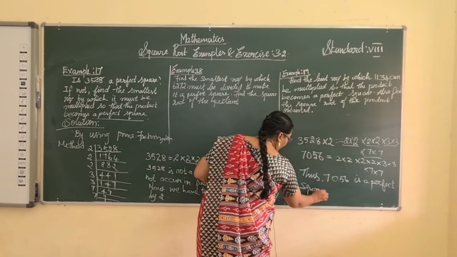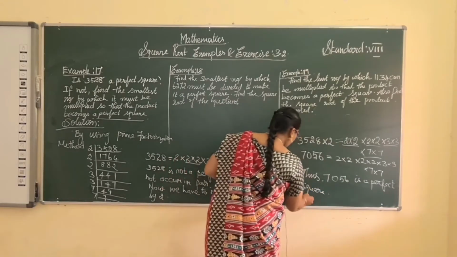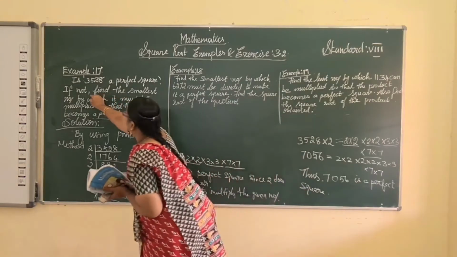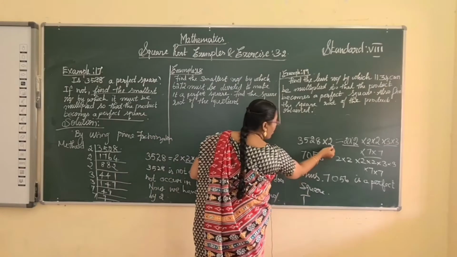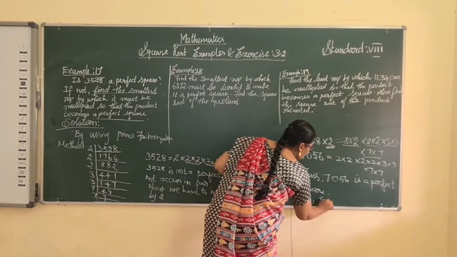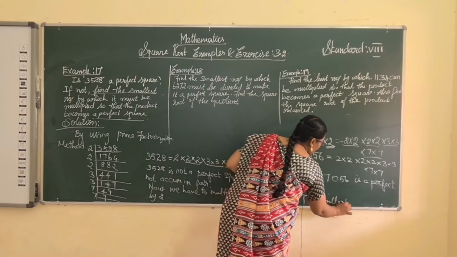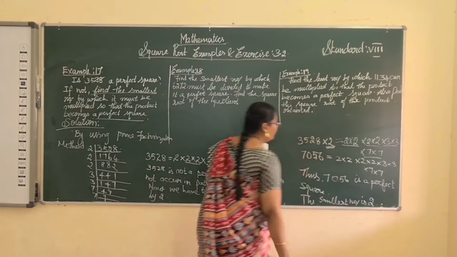Find the smallest number. Which number do we have to multiply? The smallest number is 2. That's all.